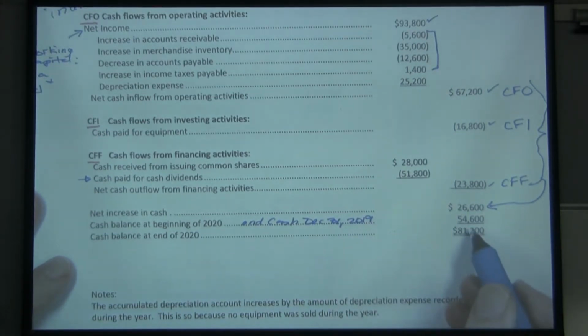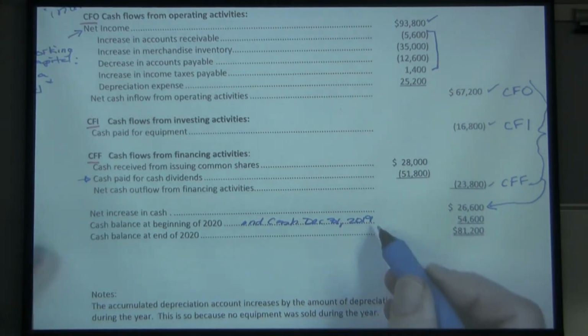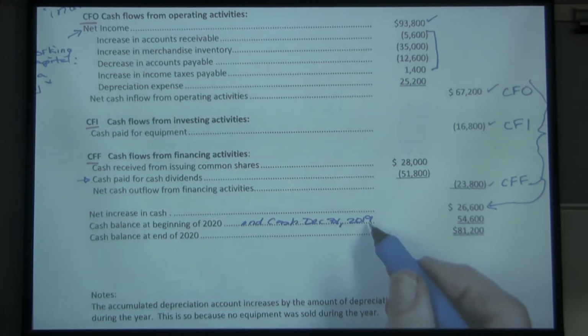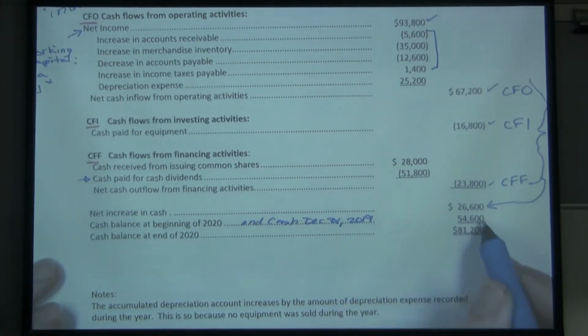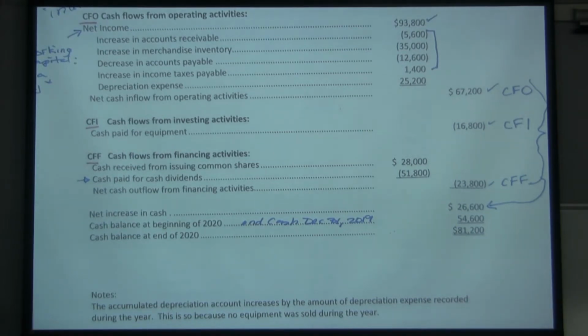So we'd put that either end of 2019 or beginning of 2020, same thing. Put that amount and make sure that this amount, when we add it to our beginning cash balance, will equal our ending cash balance that we have on our balance sheet for 2020. So that is the overview of our statement of cash flows.